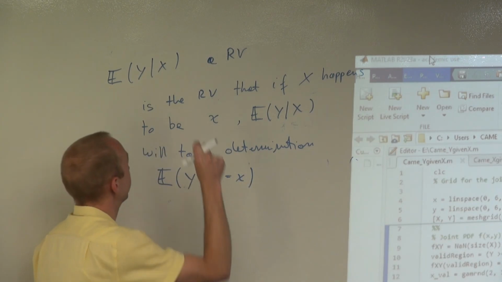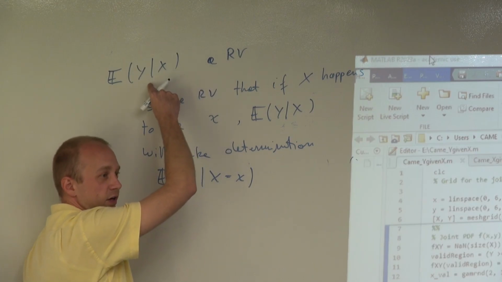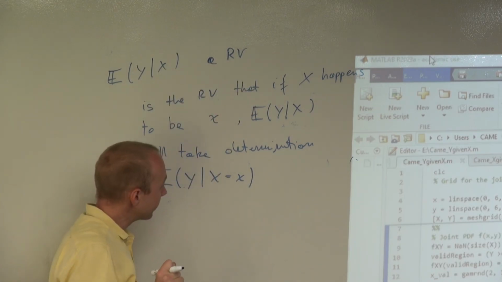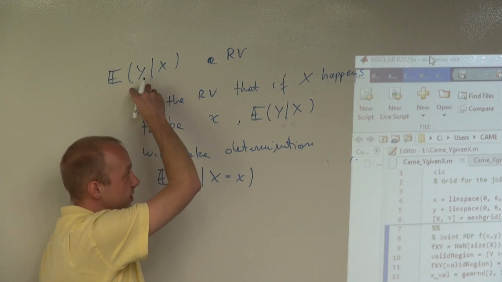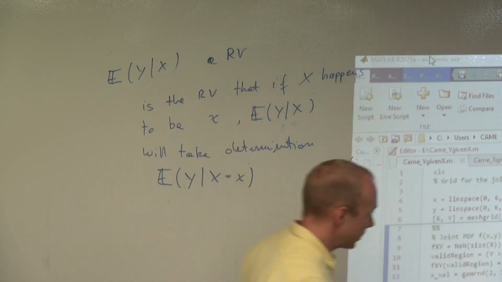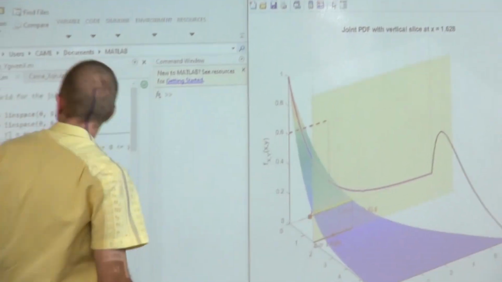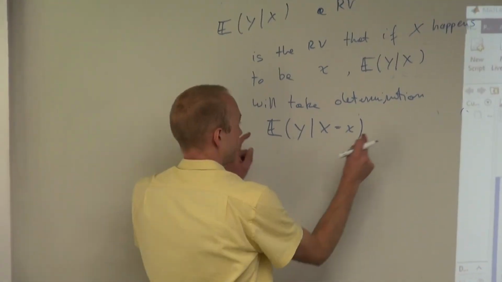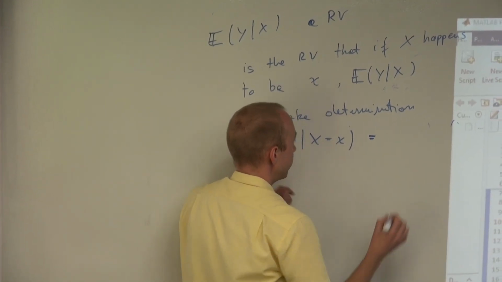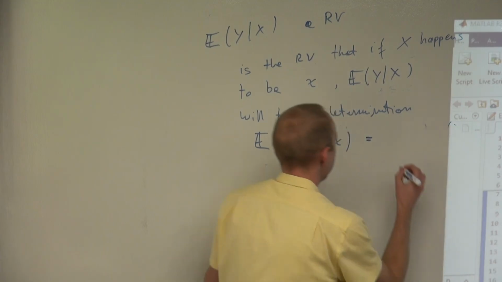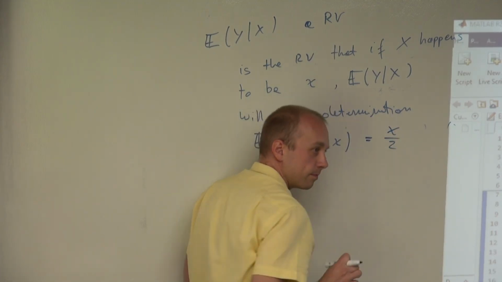Okay, so this is a random variable. A random variable has determination, no? And what determination is this guy having? Well, if x happens to be this number, then the determination of this random variable will happen to be this, no? And for our example, this is x divided by 2, no?